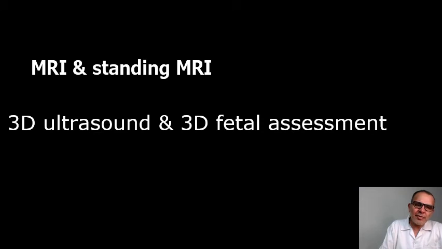Then, of course, we have the MRI, and the standing MRI for certain people who suffer phobia from the lying MRI. And we have the 3D ultrasound, which includes 3D fetal assessment in certain particular congenital scoliosis, if we need an early assessment.